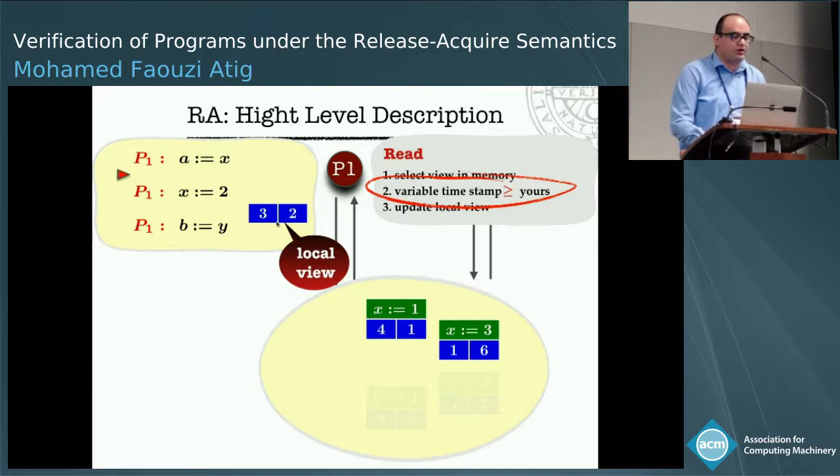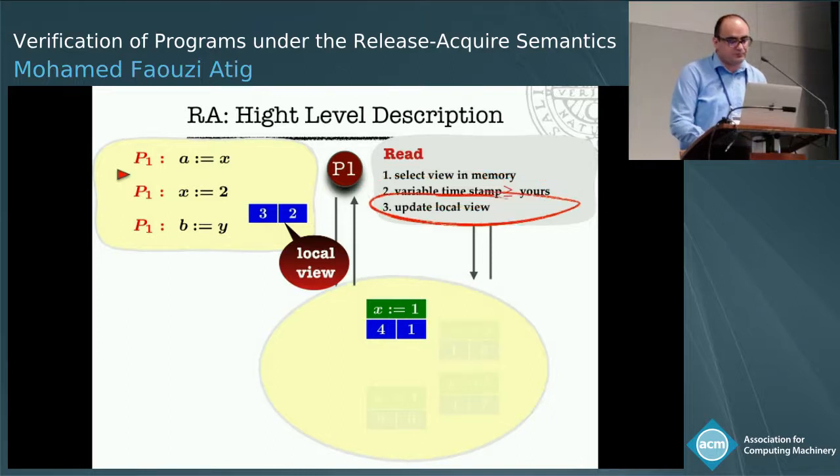We see that the timestamp for that process is 3, and we compare it with this one, where X is equal to 3 and the timestamp for X is equal to 1, which is smaller. This means that it cannot read it, and therefore we cannot read that the value of X is equal to 3. Now, if we compare with X equal to 1, we see that the timestamp is 4, which is larger than 3, and therefore now it can read that the value of X is equal to 1.